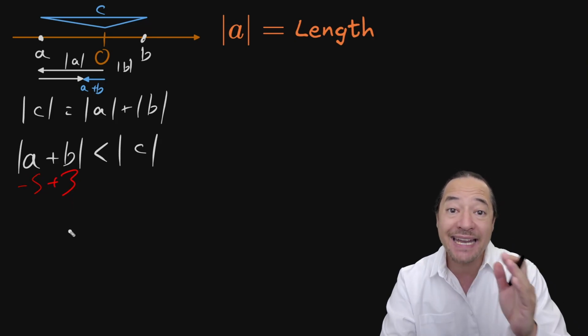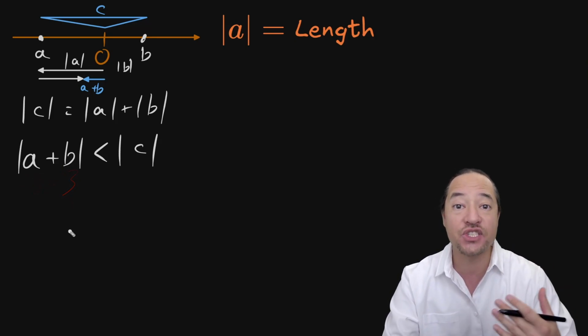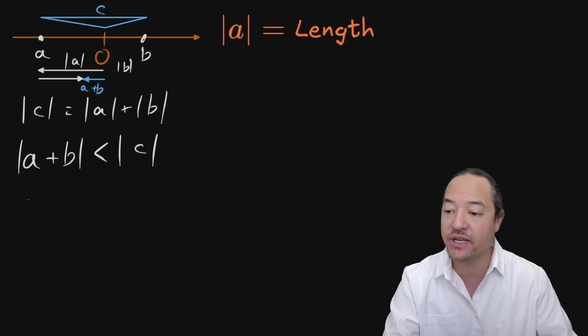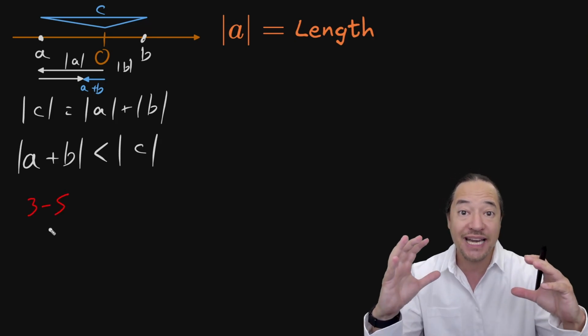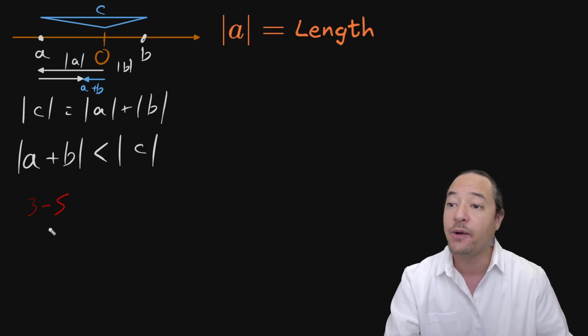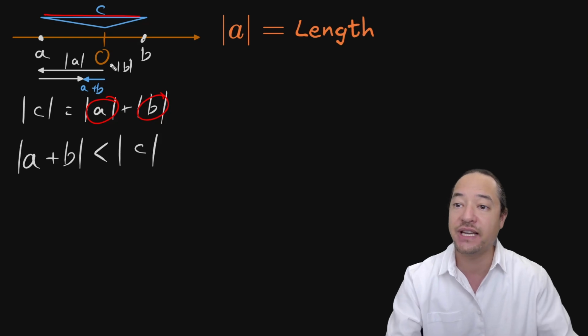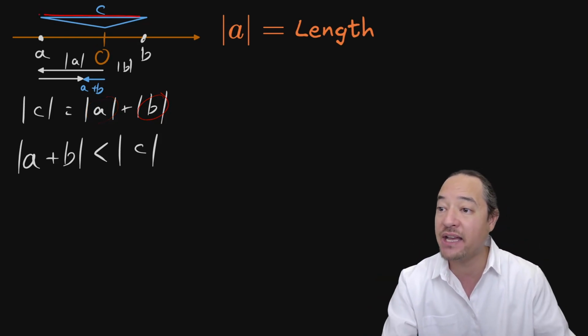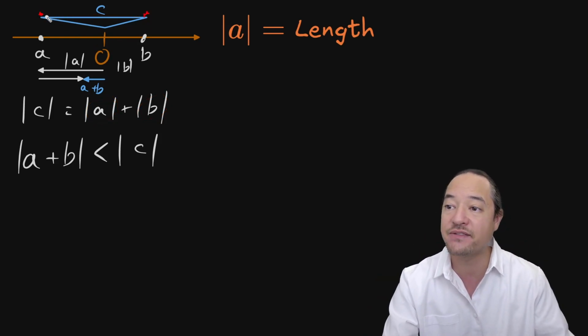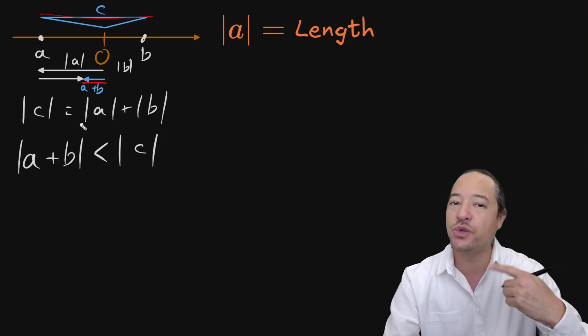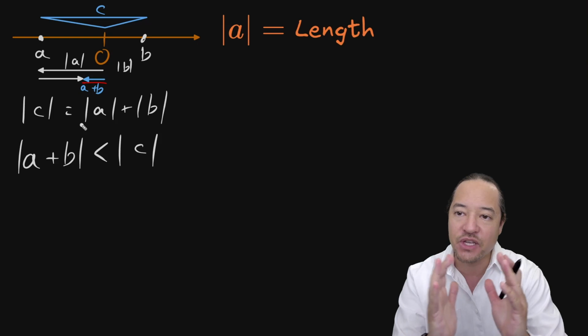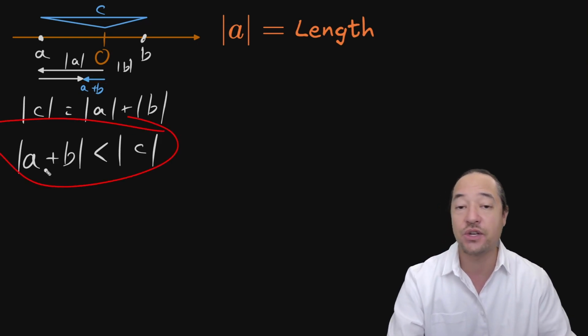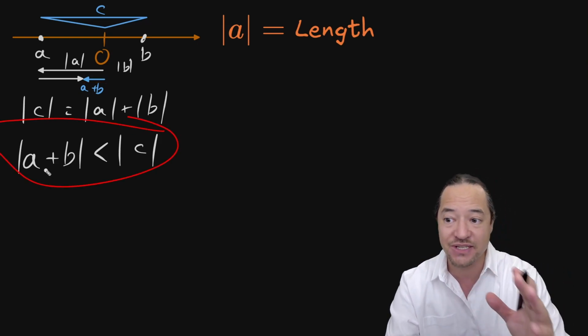And so when you add A and B, you're actually doing a kind of subtraction. If you reverse the terms, you're getting some kind of 3 minus 5, so you're getting a smaller number. When you add the magnitudes, though, when you add the lengths here, that's a true addition. You're going to get a value that spans from the negative to the positive side, something very large. But when you just add the values, you're actually doing a subtraction, so you're always going to get something shorter. And that's why this is always going to hold, because A and B have opposite signs.